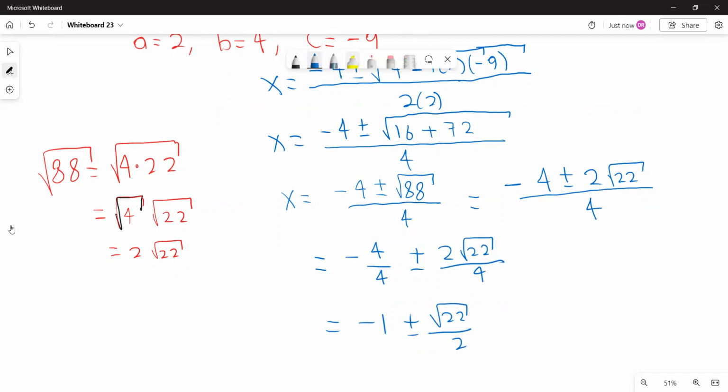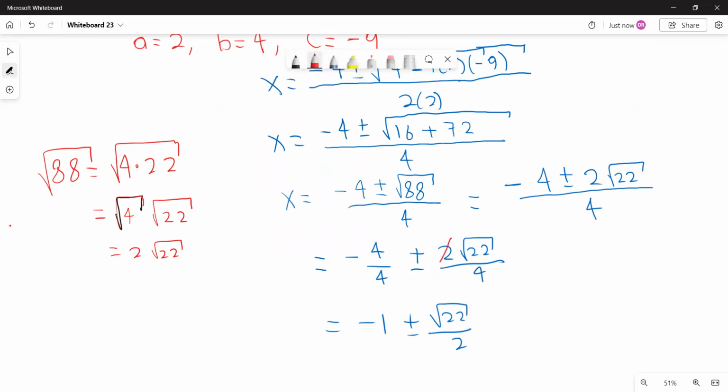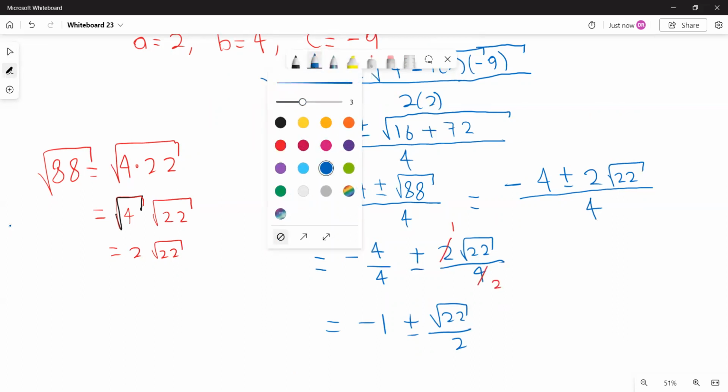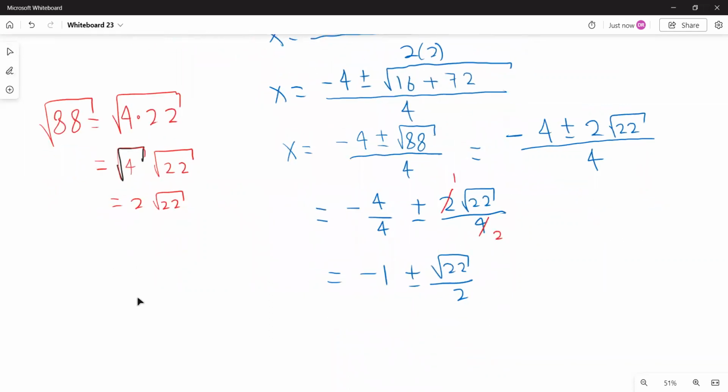Yeah, so we can reduce the fraction as 1 over 2. Okay, so the solution set is -1 minus square root of 22 over 2, and -1 plus square root of 22 over 2.